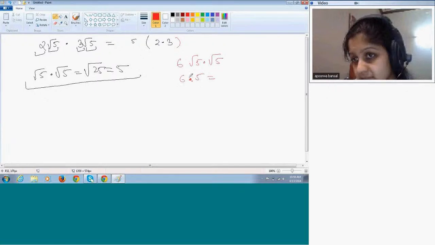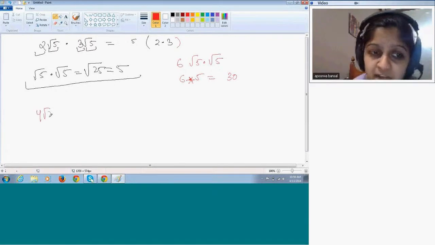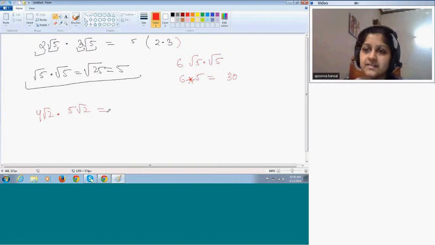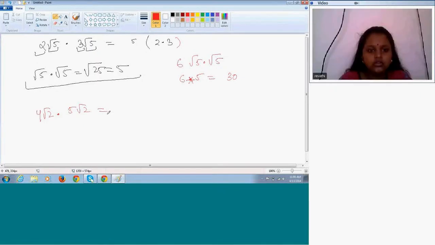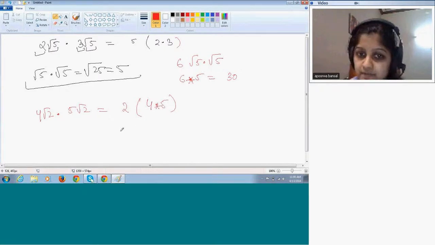The next question, first is root... and the whole is equal to 40.